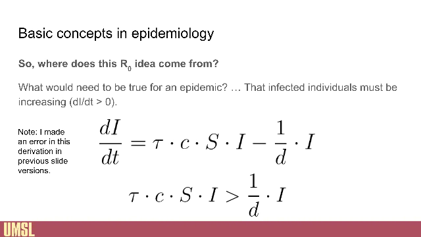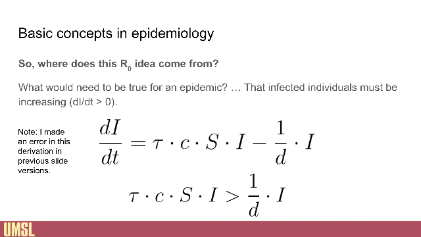Okay, so what would need to be true for an epidemic, right? The simplest interpretation of an epidemic is that the number of infected people has to be increasing, right?